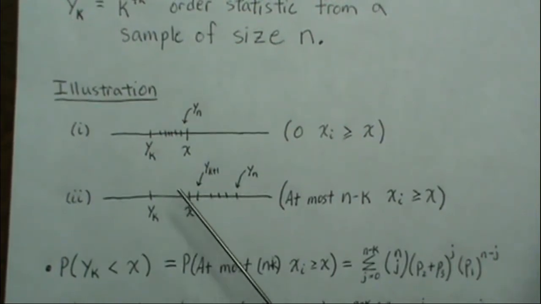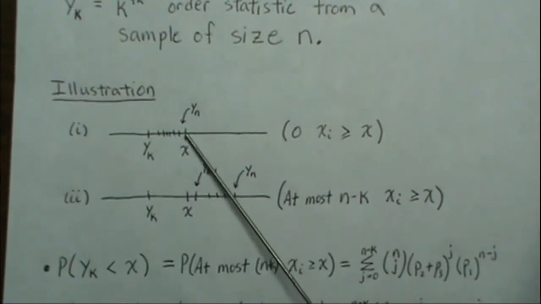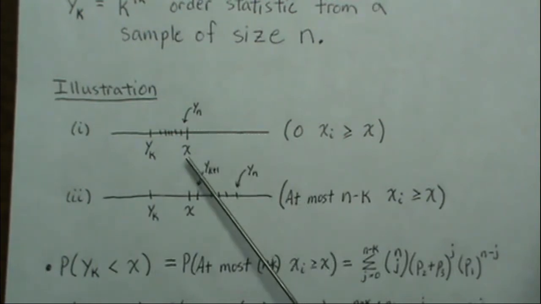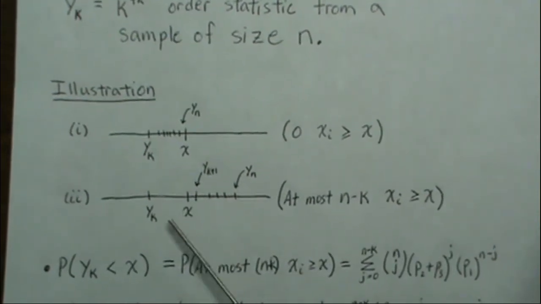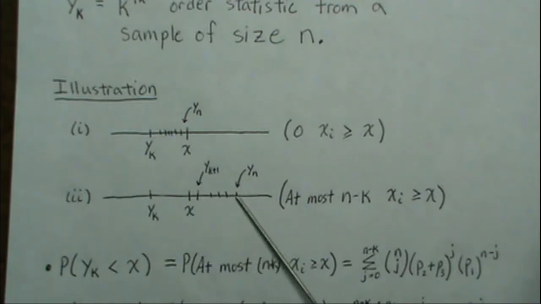The two extreme cases: all the larger order statistics are right on this x, so there are 0 of them strictly greater than x. And then the opposite extreme, let's say Yk is here, or it could be less, but at most n minus k of the other order statistics are strictly greater than x.